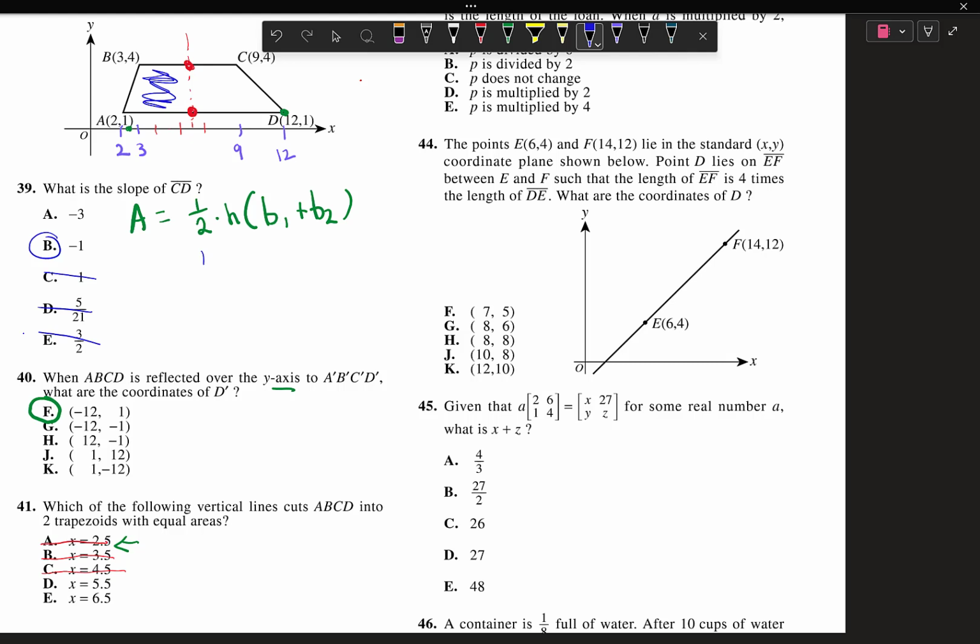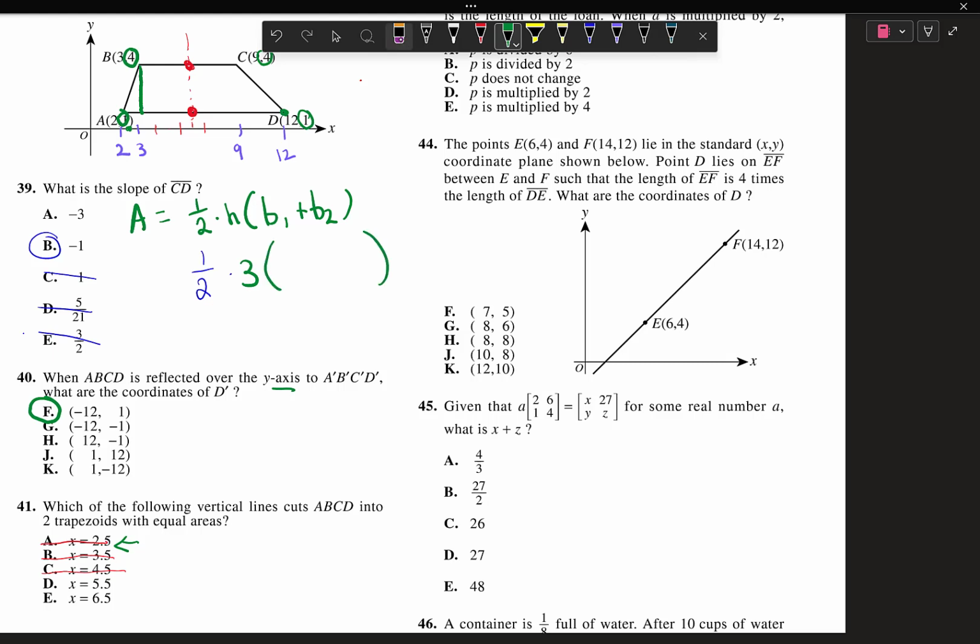So the height should be the same for both the left and the right trapezoid. So the height is just going to be the difference between the y-coordinates here. And the y-coordinate here is 4, and the y-coordinate here is 1. Same thing with these points over here. It's 4 and it's 1, so the height is 3.